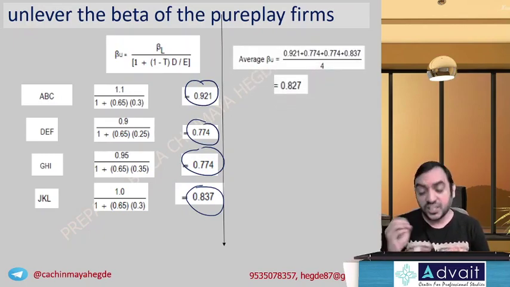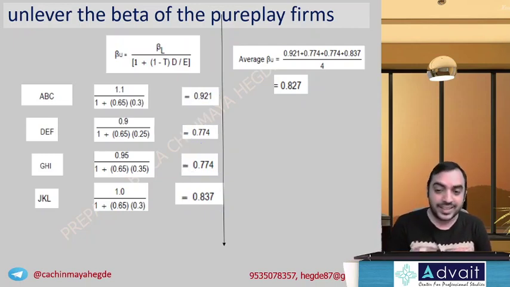Practically, we can take a weighted average also, because some company might be heavyweight. They will have more market cap. They will be more dominant. So they can be given higher weights. Depends on maybe market cap, practically.